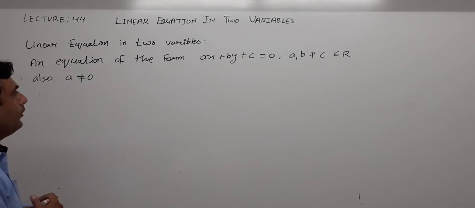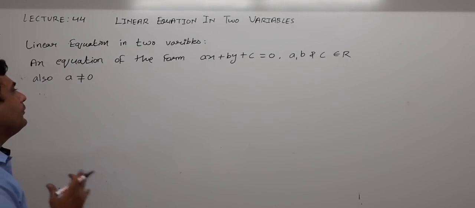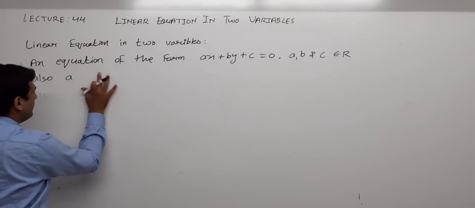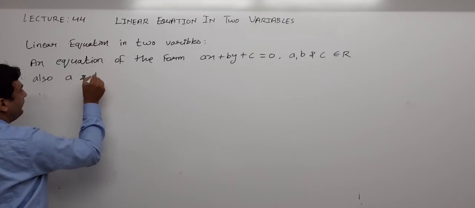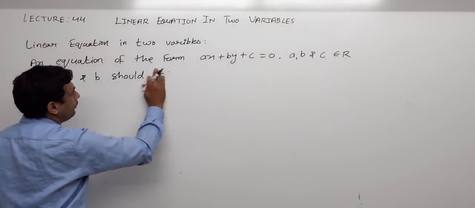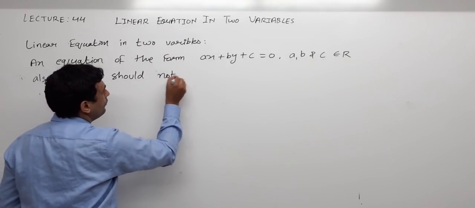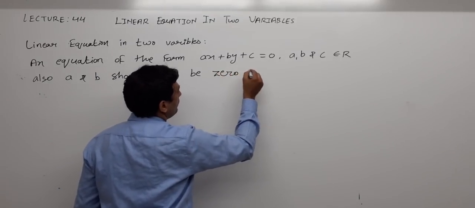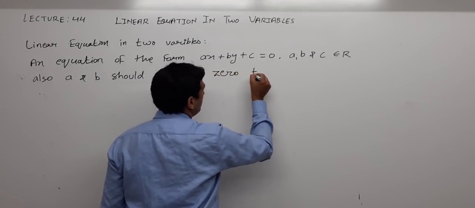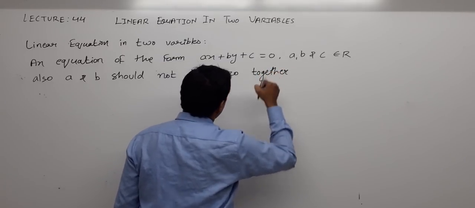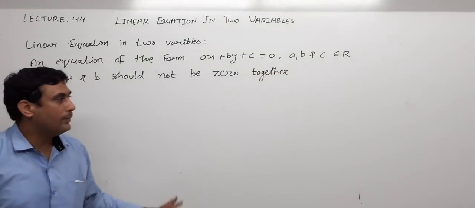An equation of the form ax plus by plus c equal to 0, where a, b, c belong to real numbers. Also, here I should write that a and b should not be 0 together. That means either a might be 0 or b might be 0.